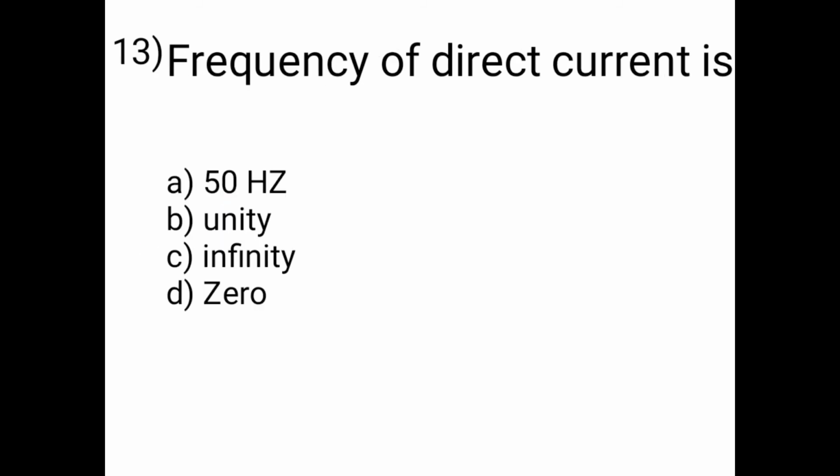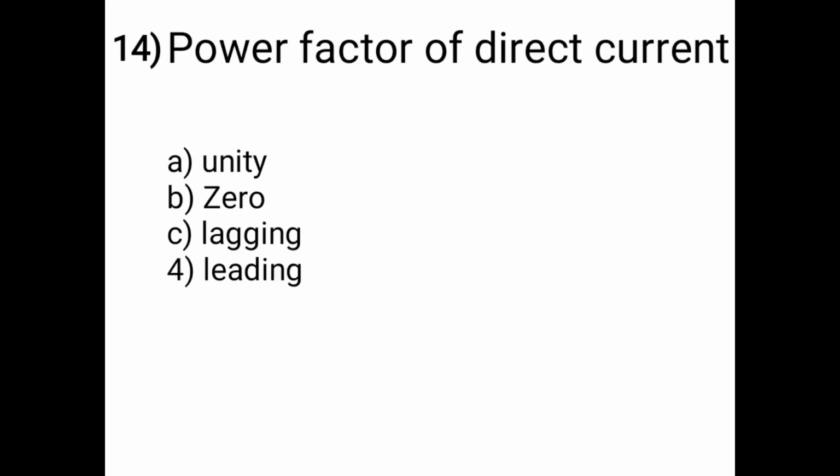Then question number 13 is, frequency of direct current is. Options are A is 50 Hz, B is unity, C is infinity and D is 0. So the frequency of direct current is 0. Option D is the correct answer. Then next is, power factor of direct current is.